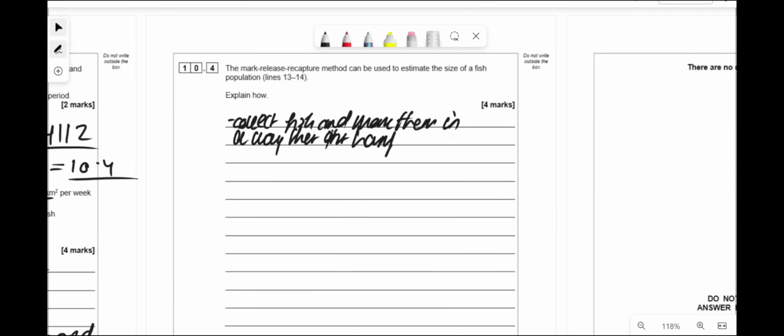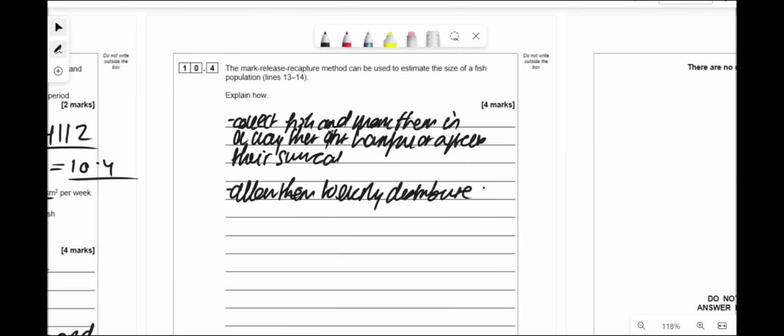So first of all, you need to collect fish and mark them in a way that isn't harmful or affects their survival. So you don't want to make them more obvious to predators. And then you need to allow them to evenly distribute after releasing.